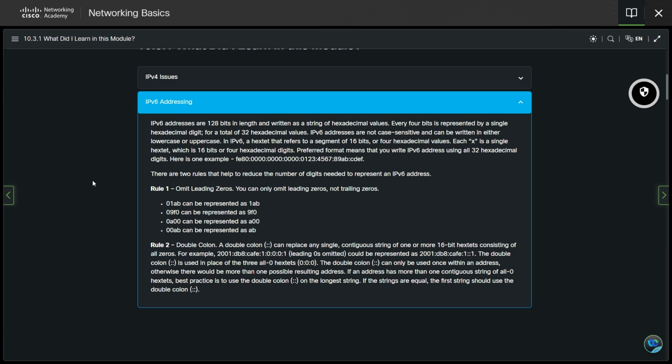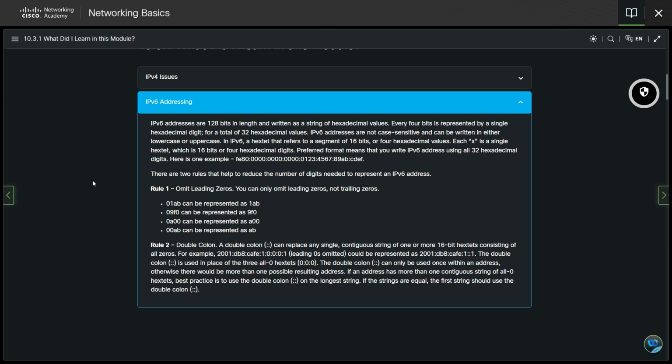IPv6 addresses are not case sensitive and can be written in either lowercase or uppercase. A hextet refers to a segment of 16 bits, or 4 hexadecimal values. "Hex" is a single hextet, which is 16 bits or 4 hexadecimal digits.